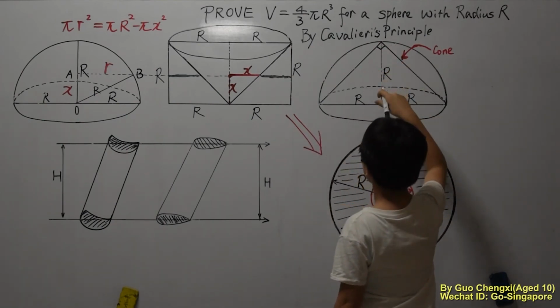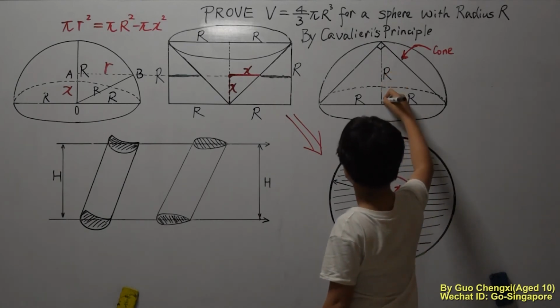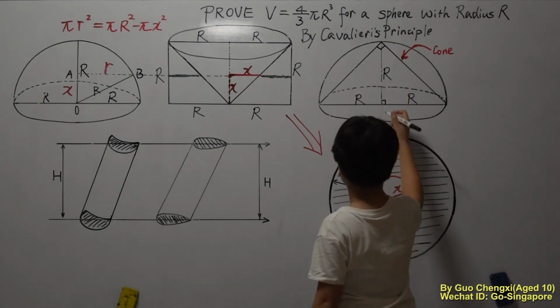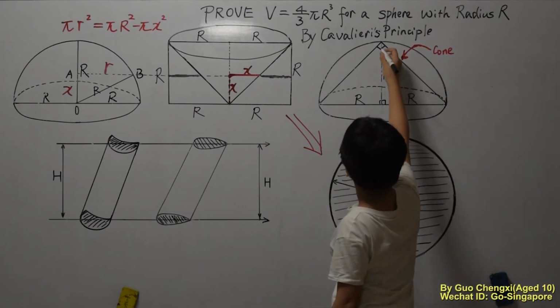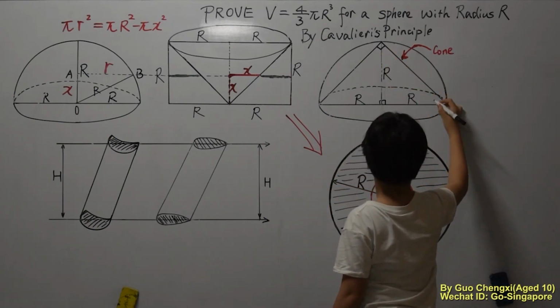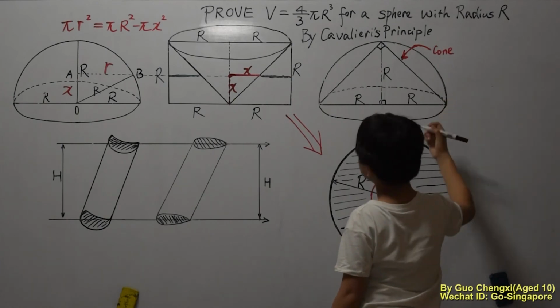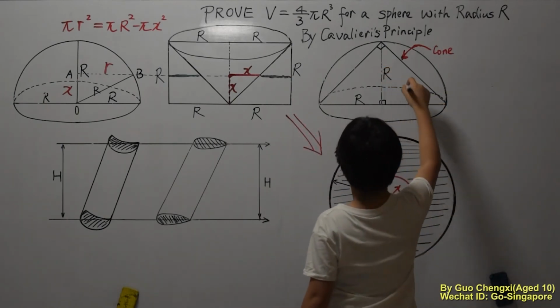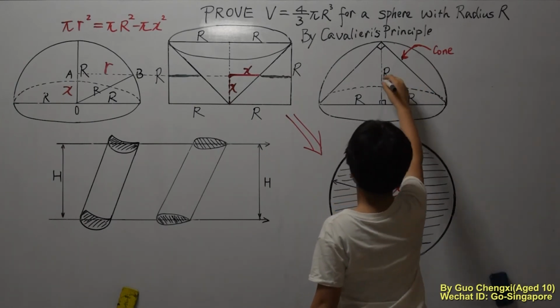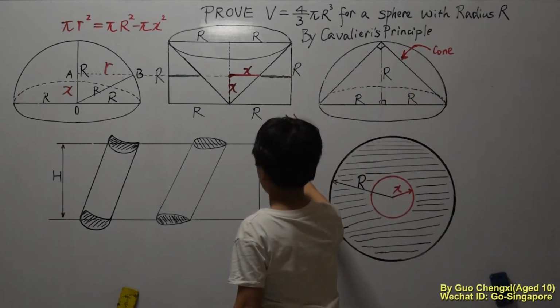Now for this part, this is also a right angle, and these two angles will be 45 degrees. Since they are 45 degrees, it's true that these are isosceles triangles.